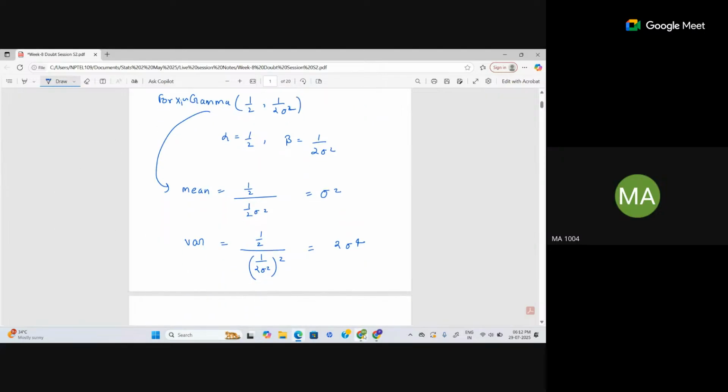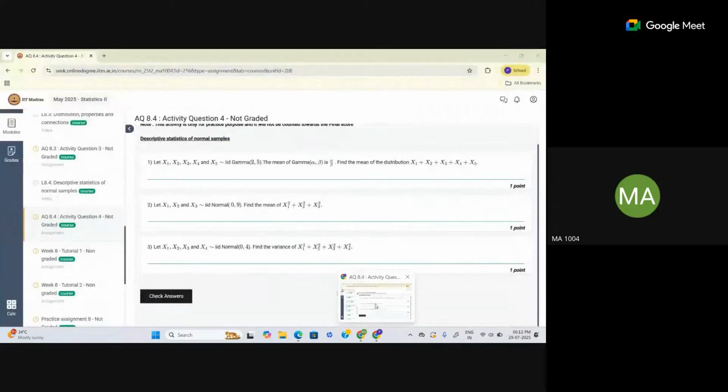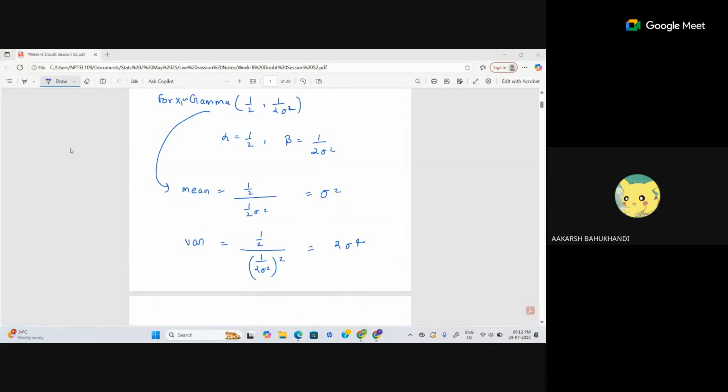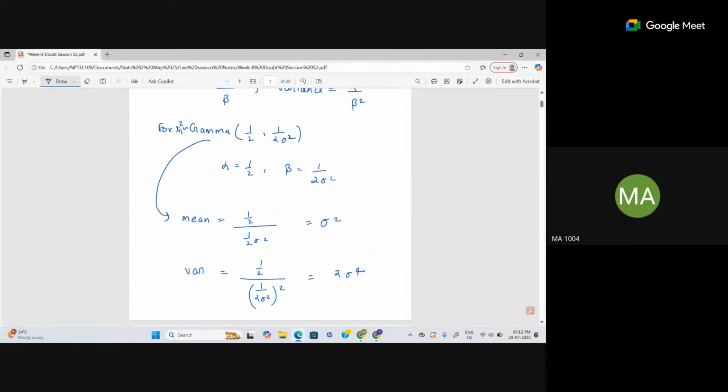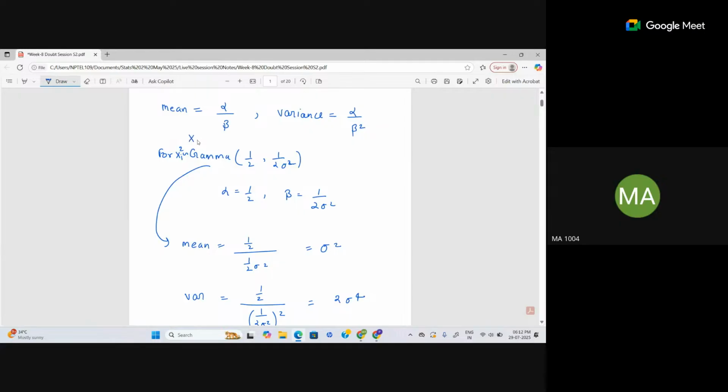Now in the question we have four random variables. So I can write it like xi square, and x is following normal distribution with 0 comma sigma square, suppose.